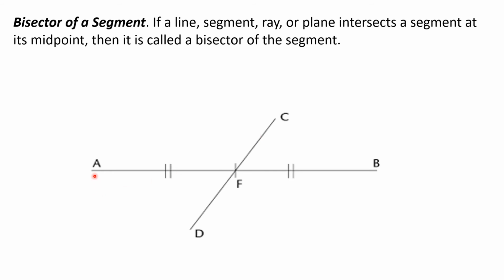So our segment is segment AB, and our midpoint is point F, and then there is a line or segment passing through, which is segment CD. So if it passes through the midpoint, then we call segment CD the bisector of the segment. So that is our bisector, segment CD.